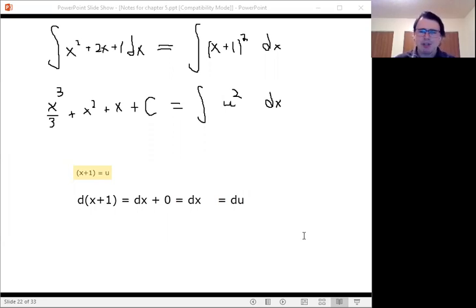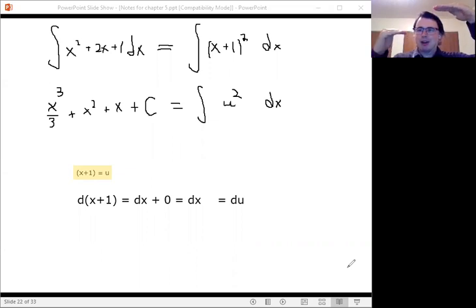I picked this example to be a little bit easy, since the only thing different between x and u is that x is 1 less than u, or you could say that u is 1 more than x. These kinds of changes are directly equal to each other, right? I don't care that u is a little bit more than x.